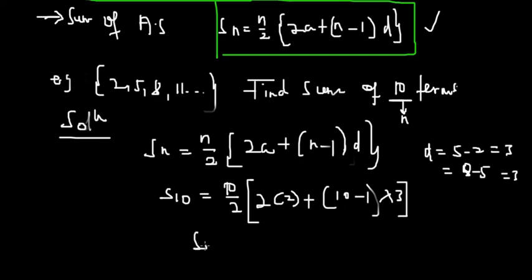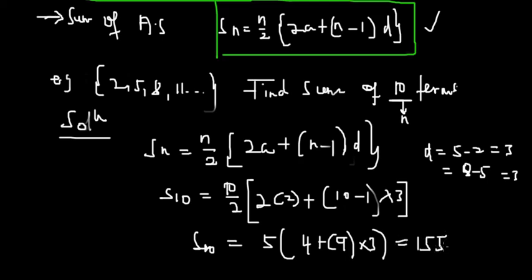So let's find the sum of the 10 terms. When you compute the whole of this, this gives us 5, and then 4 plus 9, times 3, so the whole of this gives us 155. This is the sum of the first 10 terms.